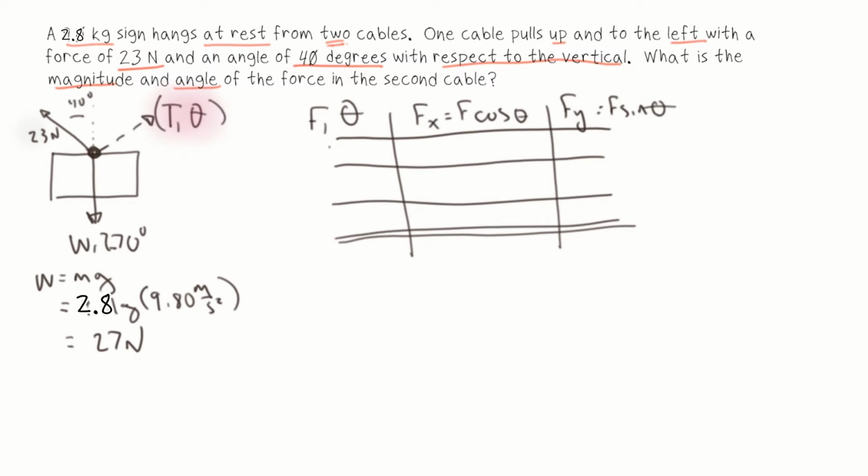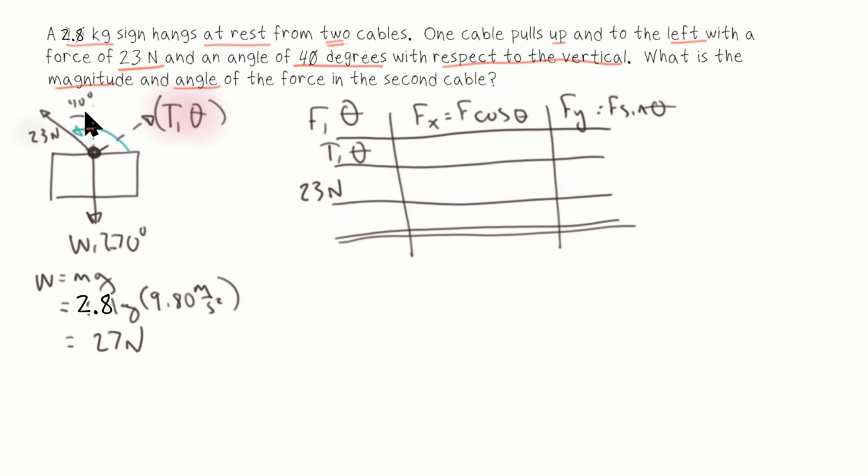All right, so we don't know anything about this first guy, so we're just going to write him as T, theta. We do know something about the second guy. His magnitude is 23 newtons. Now before we go plugging in 40 degrees, let's ask ourselves, is this with respect to the positive x-axis? And I would say no. The 40 degrees is with respect to the positive y-axis, not the positive x.